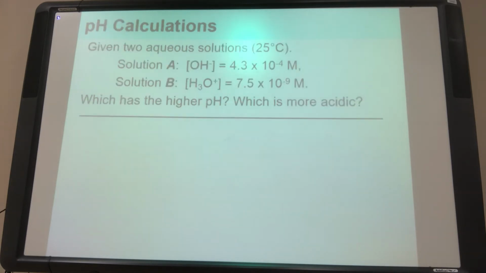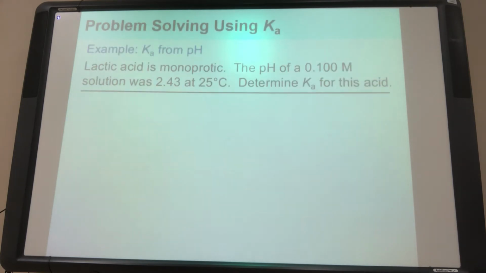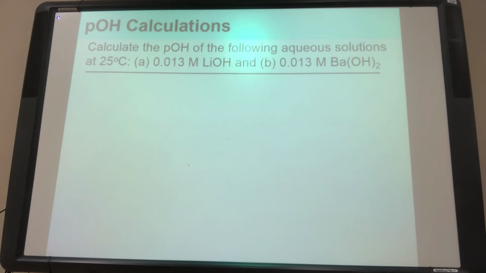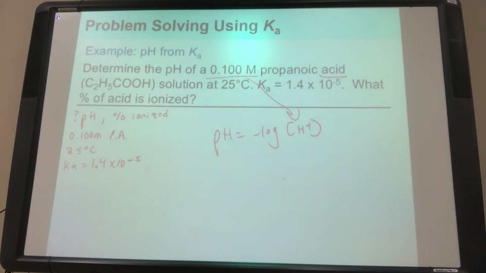So the only time that you can just directly plug it in is if it's strong, okay? Now, if they give you like the H plus or the OH minus concentration, that's different. But just to plug in the concentration like this, assuming it's a 1-to-1 or a 1-to-2 ratio, that's assuming these guys are strong. Okay, so I have to figure out, okay, can I just plug this in or not?